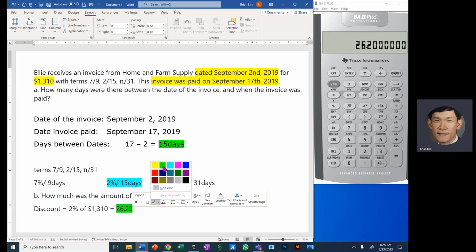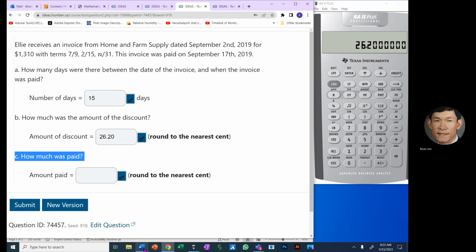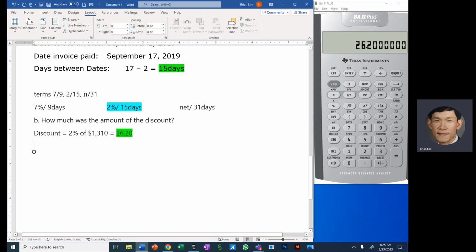All right, so let's highlight it in green. We go back and we enter the amount, $26.20. In the last part of the question, how much was paid? So now we go to the end, the last bit of the question, and we paste that in, how much was paid.